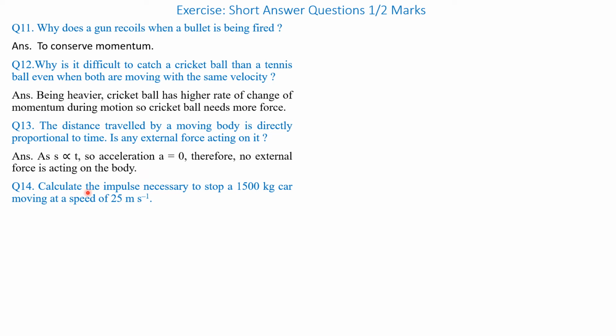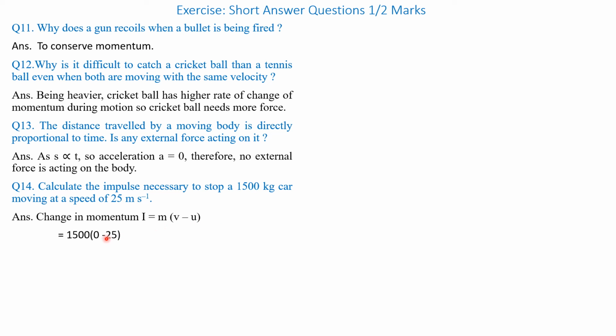Question 14. Calculate the impulse necessary to stop a 1500 kg car moving at a speed of 25 meters per second. So, change in momentum is given by I is equal to m into (v minus u), where v is the final velocity and u is the initial velocity.